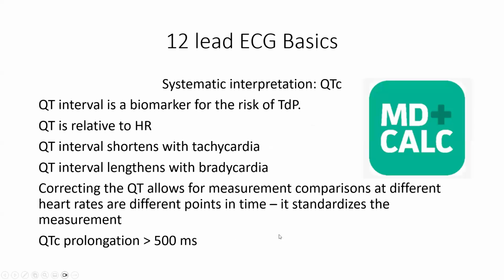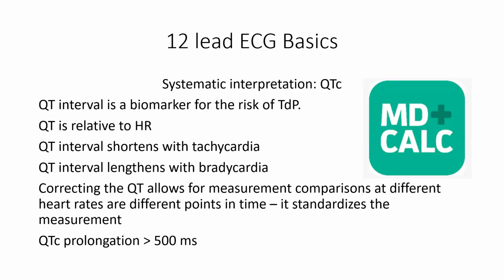Moving on to the QT interval. The QT interval measurement is a biomarker for the risk of torsades, a very particular type of ventricular fibrillation. QT is relative to the heart rate.